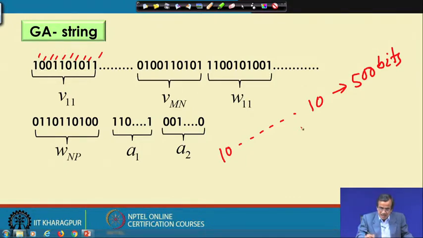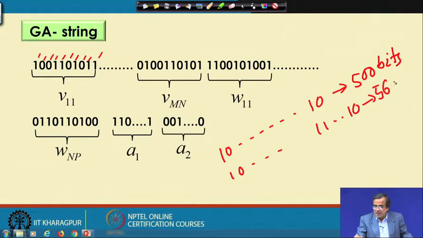In the second GA string, the number of bits could be more than 500, there could be 560 bits. So, the number of bits in the different GA strings in a particular population of the GA will not remain the same, and that will create problems during the crossover operator.